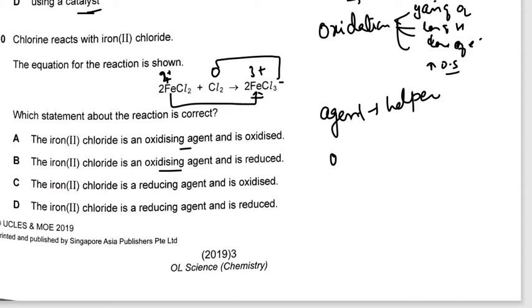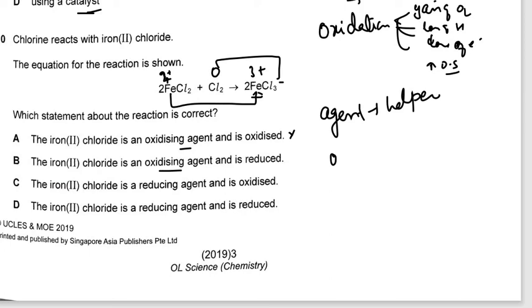So which is the oxidizing agent, which helps the iron to oxidize? Option A: FeCl2 is the oxidizing agent and it is oxidized. No, it's not correct. It is oxidized, but it's not the oxidizing agent, because it is helping the chlorine to reduce. It means it is the reducing agent.